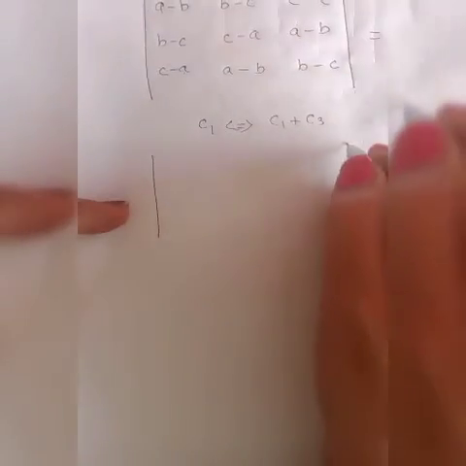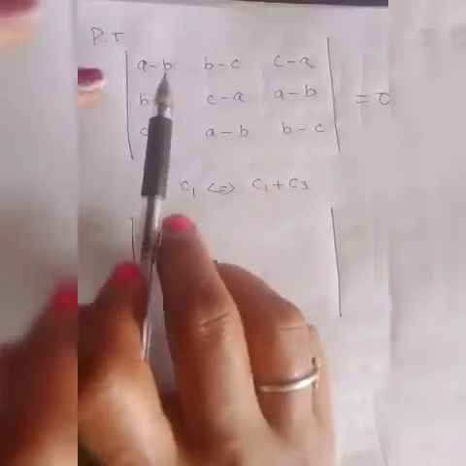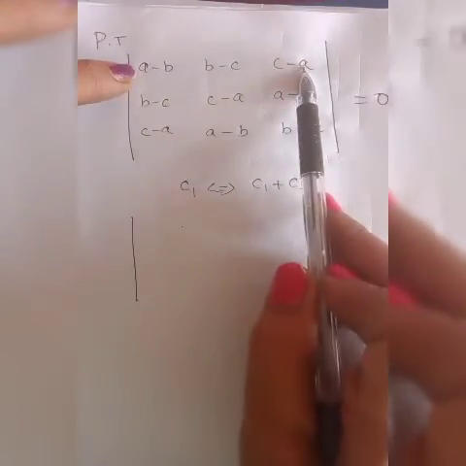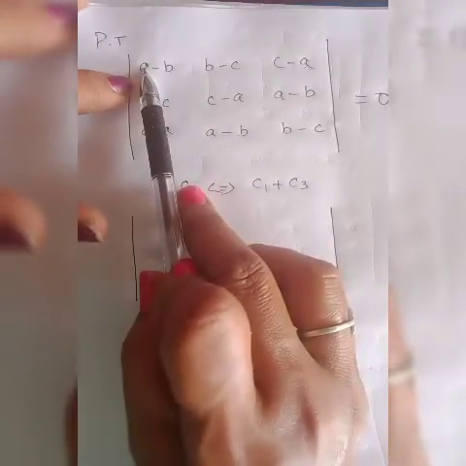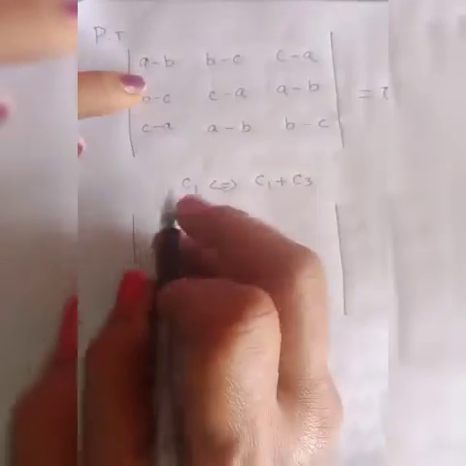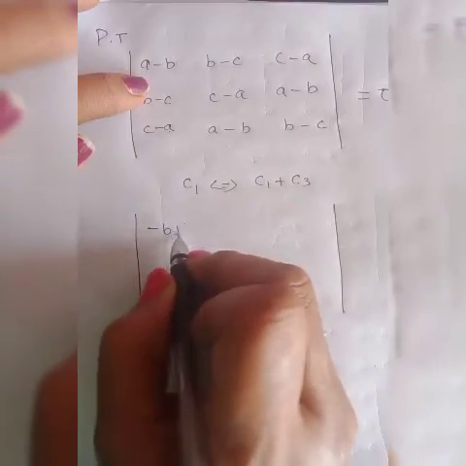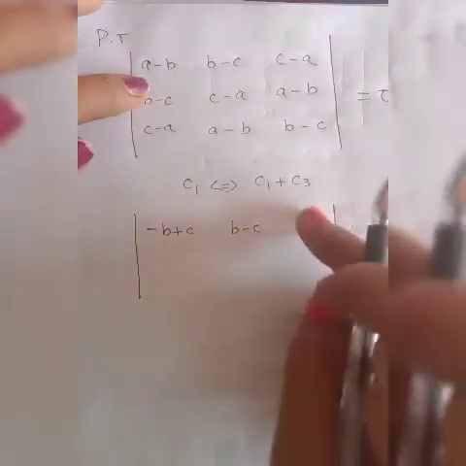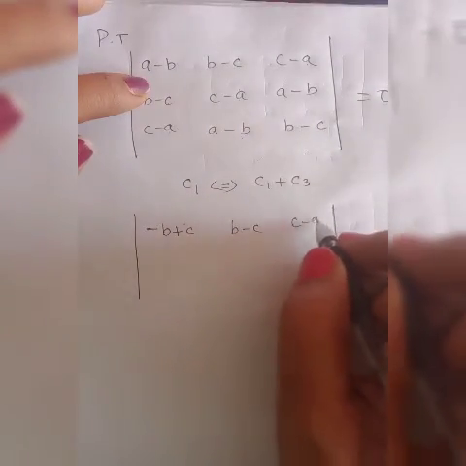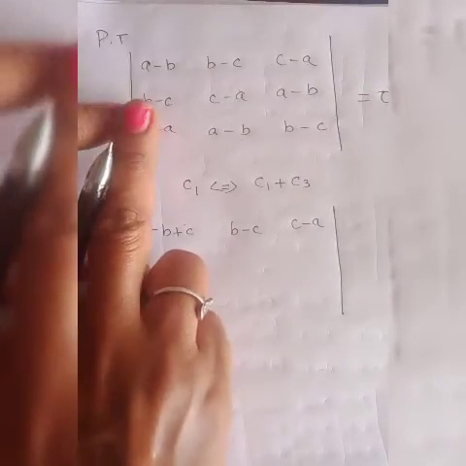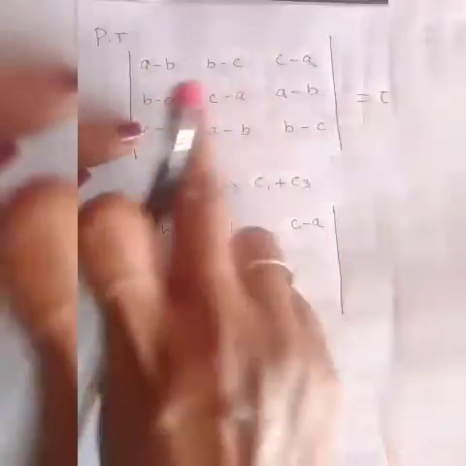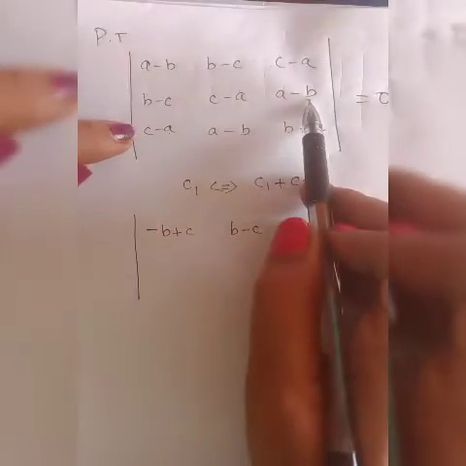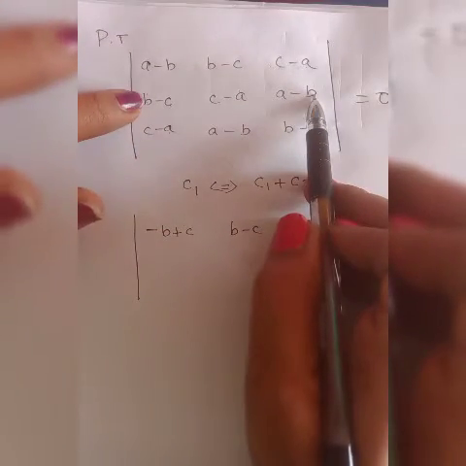So what I will get is, I am adding these two. If I add a minus b with c minus a, the a will go, and I am left with minus b plus c, and I have the C2 column and C3 column remaining the same. Again, when I add these two, I have b minus c, a minus b. So minus b plus b will get cancelled.